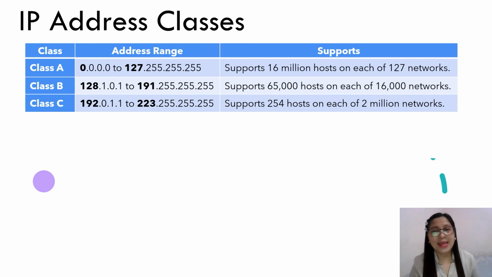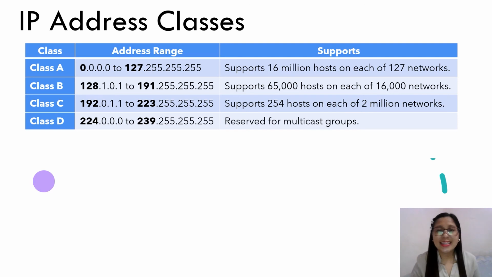Class C IP address has an address range from 192 to 223. Class C addresses are the most common and used in small business and home networks. These support up to 256 hosts on each of 2 million networks.